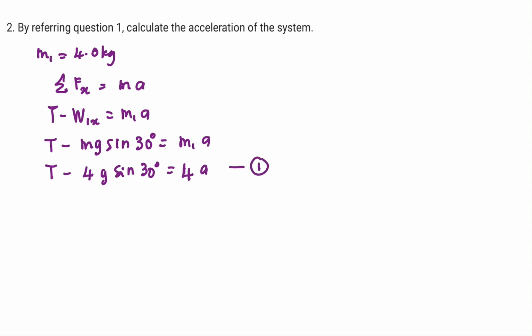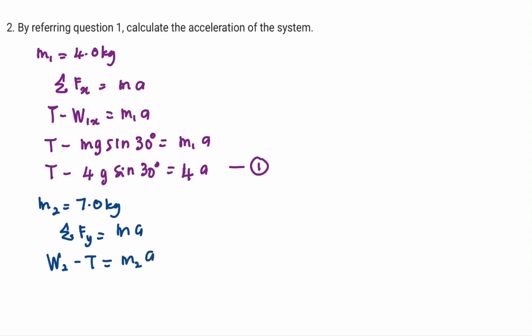And then for your second equation, we can take from M2, which is 7 kilogram, from the component of summation Fy equal to ma. So here it will be W2 minus T equal to m2a.